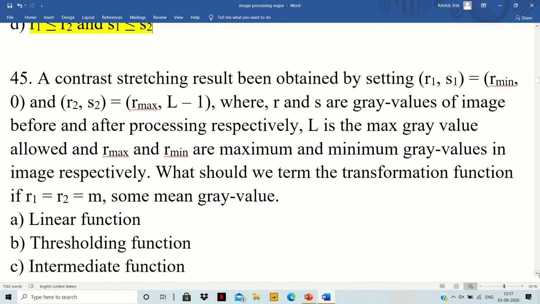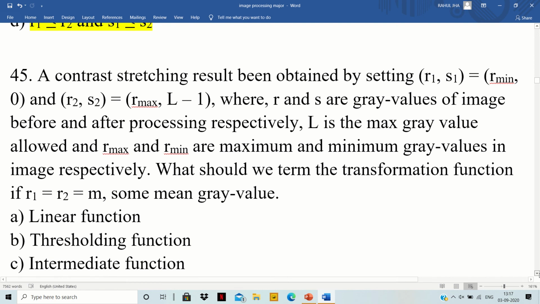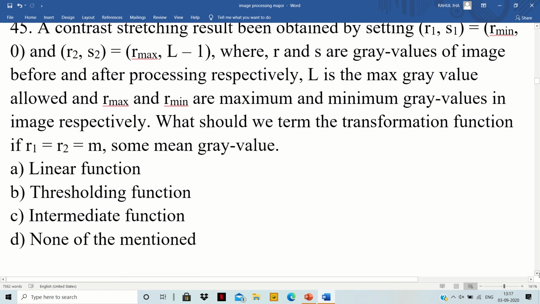L is the max gray value allowed, and R max and R minimum are the maximum and minimum gray values in the image. What should we term the transformation function if R1 equal to R2 equal to M, some mean gray value? Our options are A, linear function, B, thresholding function, C, intermediate function, D, none of the mentioned.